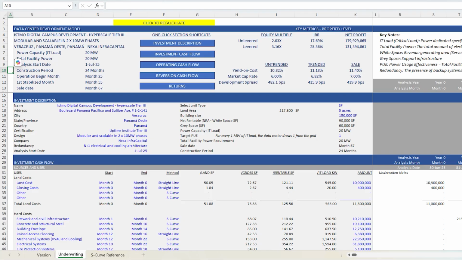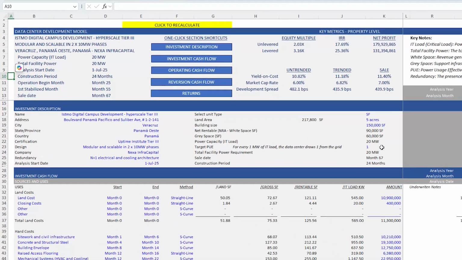These are power-intensive operations with high variable OpEx, primarily driven by electricity costs, cooling, network infrastructure. And so you need to model this concept of PUE, power usage effectiveness, in order to forecast the energy cost per kilowatt of power. And you'll see that there's just a PUE input there.